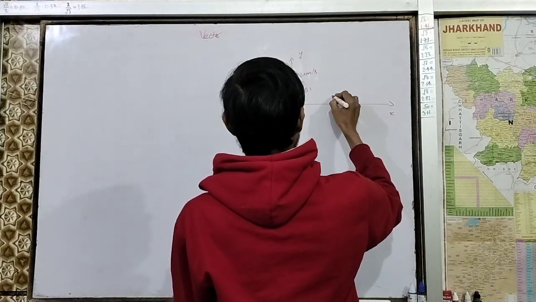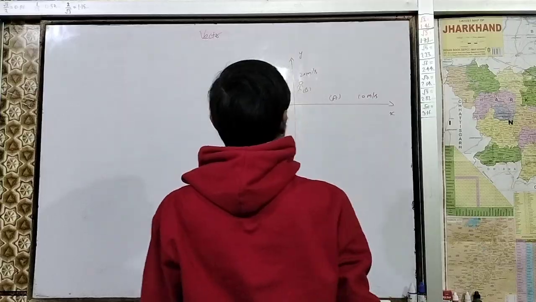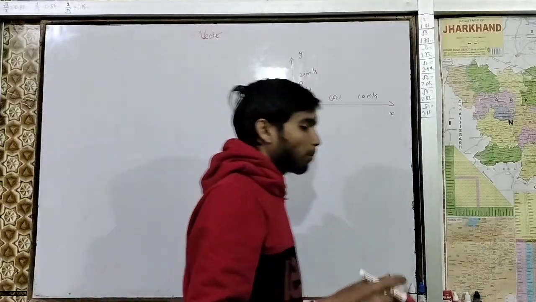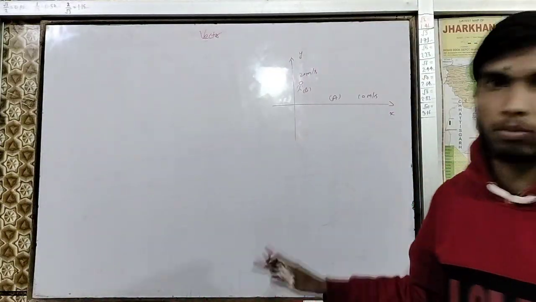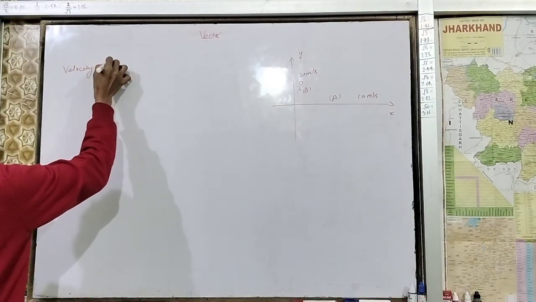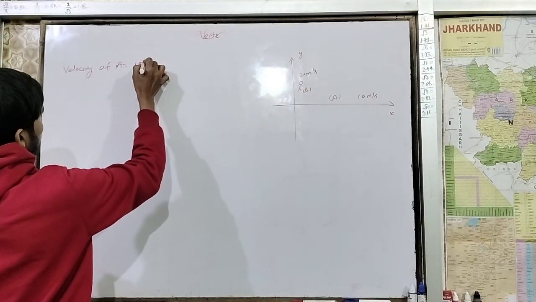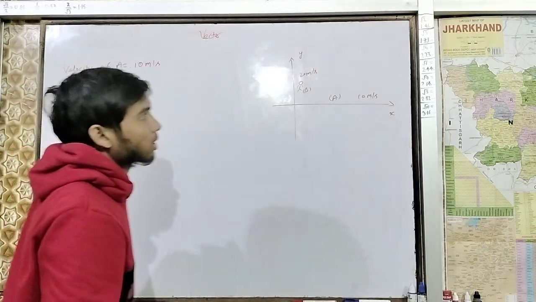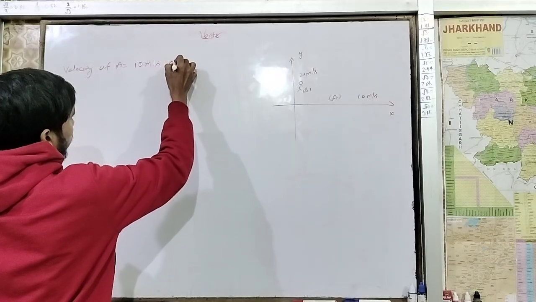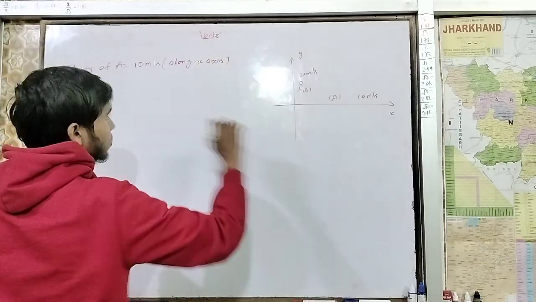There is another person A who is running with 10 meter per second along the x-axis. So how would you say that person is running with this much velocity? You would say the velocity of A person is 10 meter per second. In which direction? You would say along the x-axis.